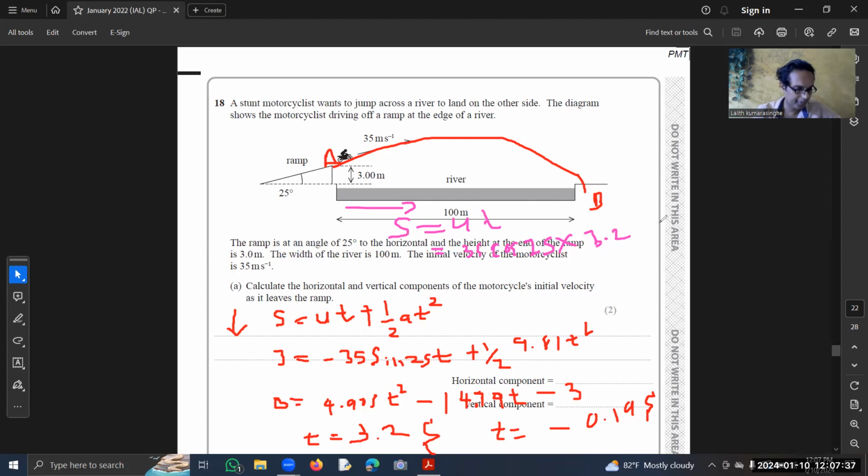That gives 101.5. It'll clear 100 meters. It will be 101.5 meters. Then we can say its total is 101 meters, which is larger than 100 meters. Therefore, we will clear the river.